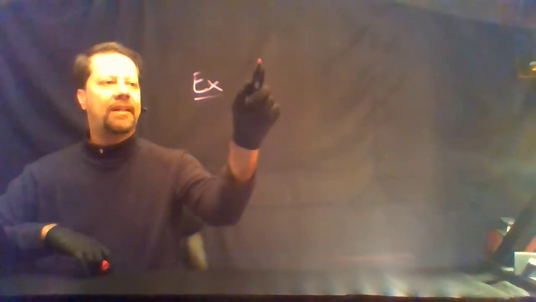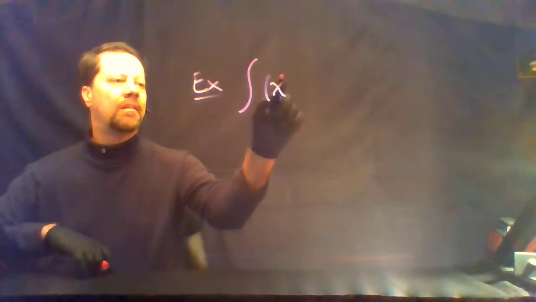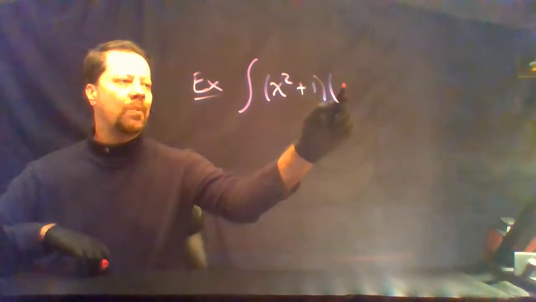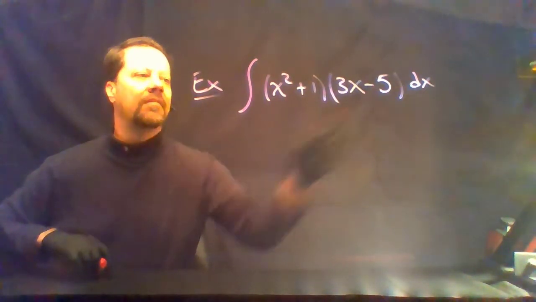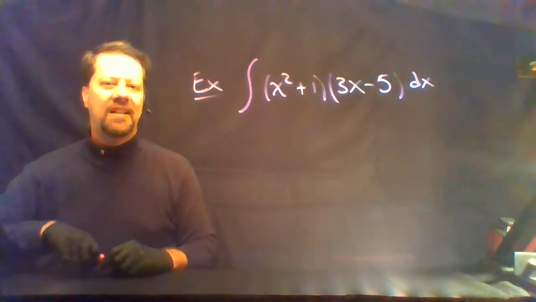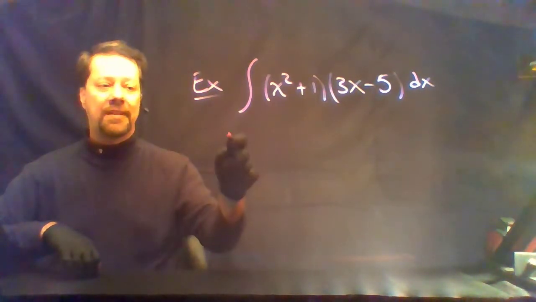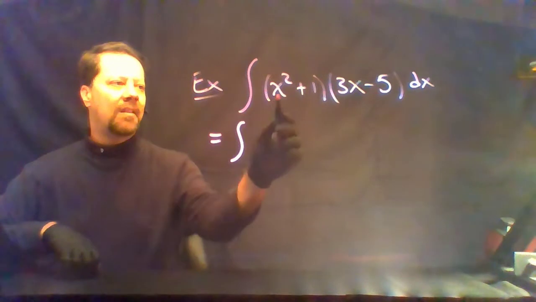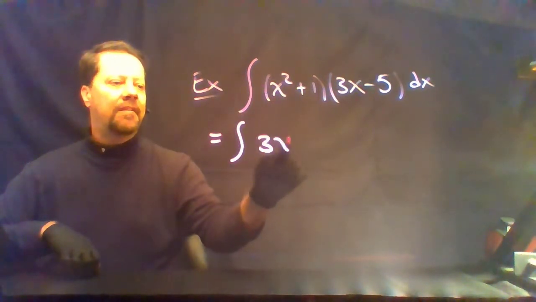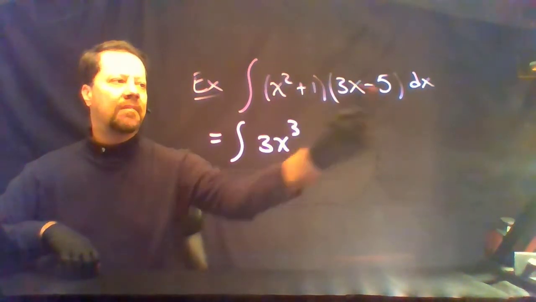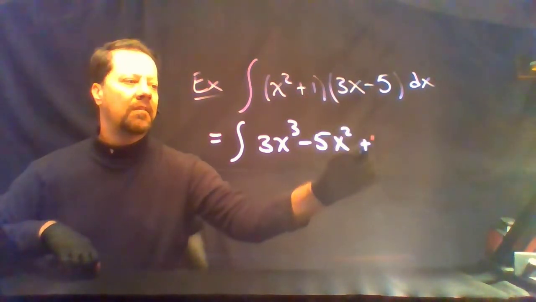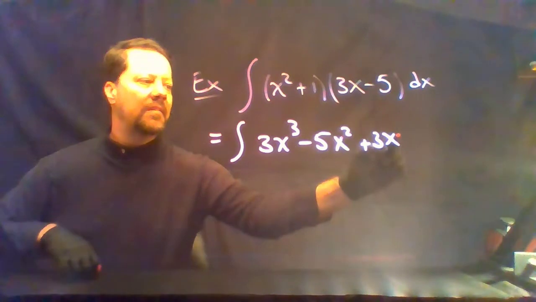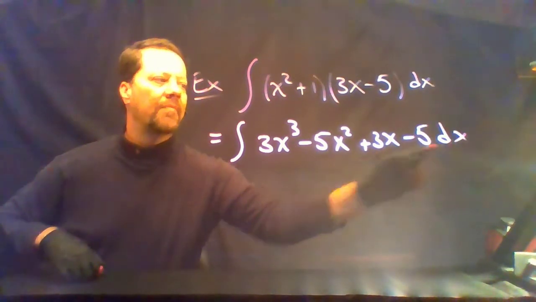How do we integrate x squared plus 1 times 3x minus 5? The answer is, you have to FOIL this out first. You'll have 3x cubed minus 5x squared plus 3x minus 5.